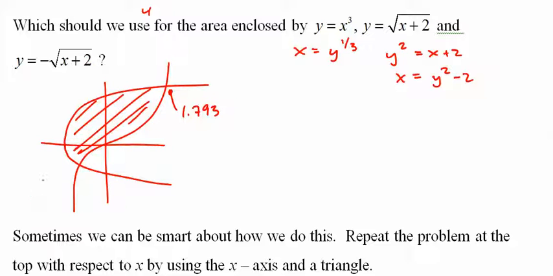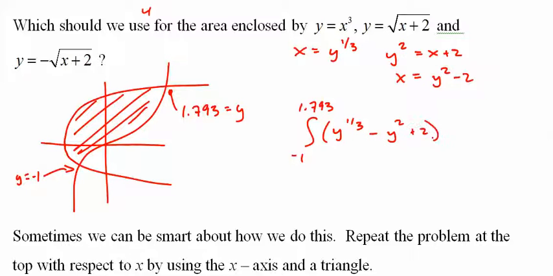And negative 1 down here. So the integral from negative 1 to 1.793 of y to the 1/3 minus y squared plus 2 dy. One more time, I'll let you do it. You should get 4.215.